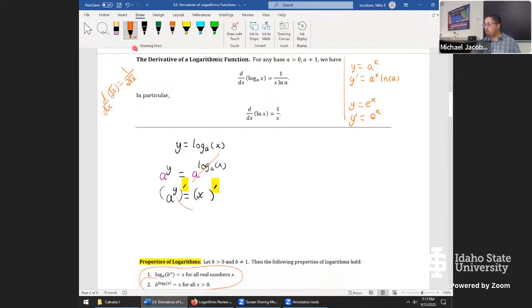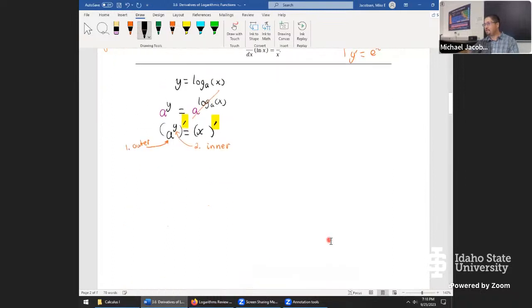The inner function is y, so we'll handle it second when we go to use our chain rule. And the a to the any power function, that's the outer function, we'll handle first. So y, which is log base a of x, went inside the a to the power of x function specified here. So now through the chain rule, let's hide the properties for the moment.